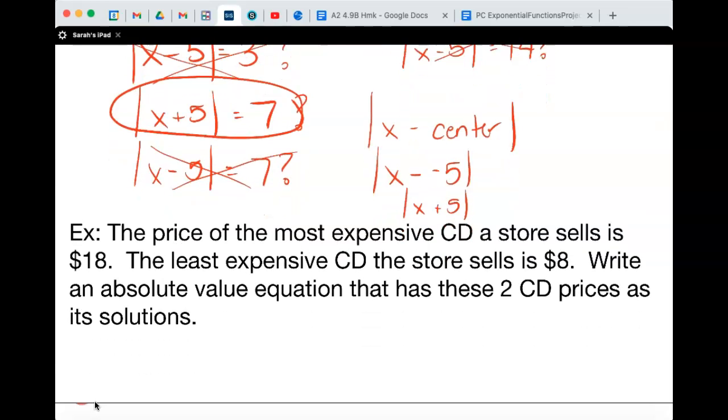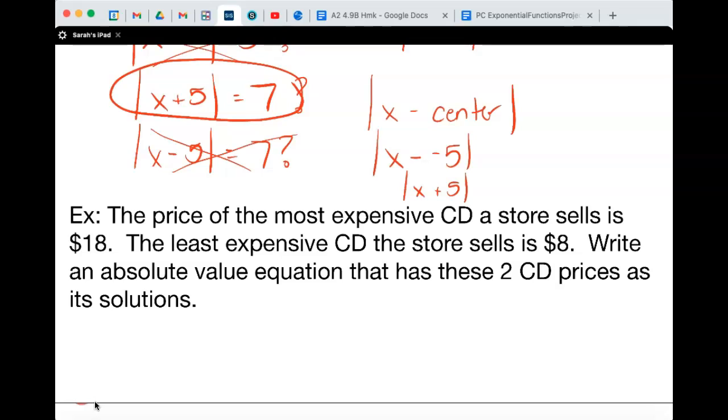Okay. Last one. The price of the most expensive CD the store sells is $18. Least expensive is $8. Write an absolute value equation that has the two CD prices as solutions.